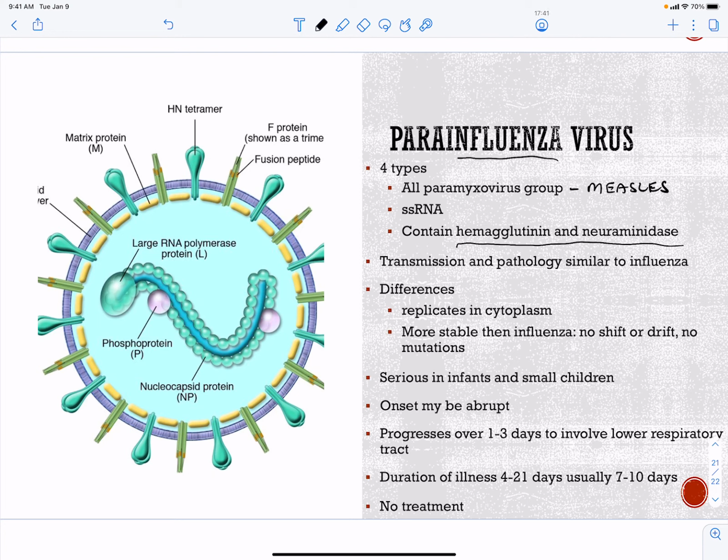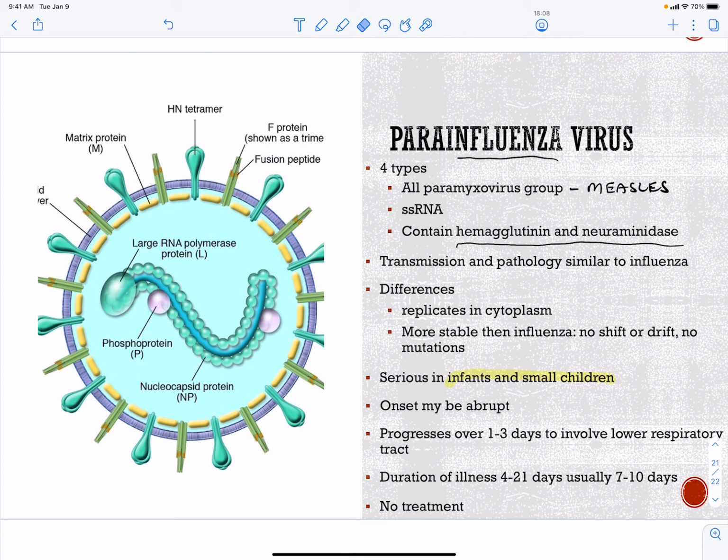These guys are going to have a pathology similar to influenza, except they do not change. So, for example, parainfluenza viruses are going to be serious in our infants and our children, but once these infants and children have had parainfluenza virus, they are going to have memory for the rest of their life, and they're not going to get infected with it or have serious illnesses with parainfluenza virus as they get older.